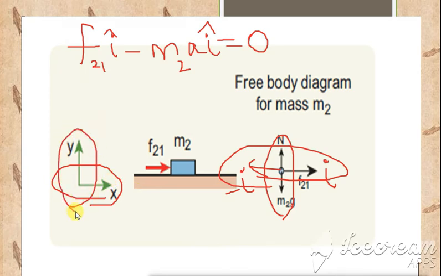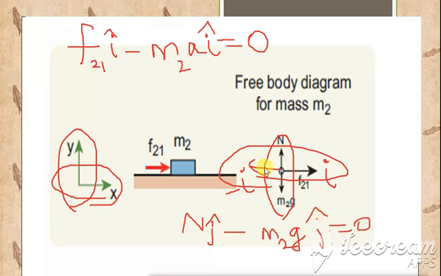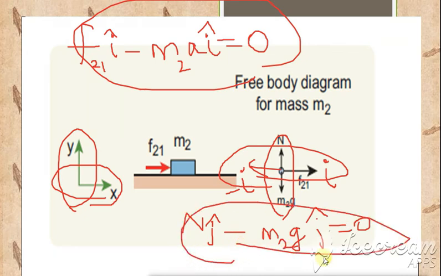So when it is acting along the y direction we get N into j cap minus m2 g into j cap that is equal to what? 0. So these are the two equations which we will be writing in the next step.